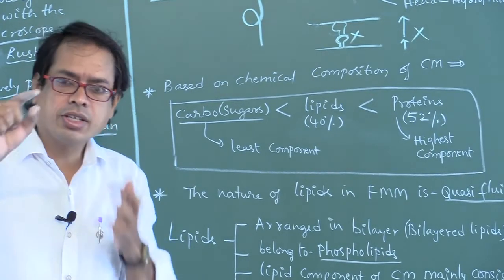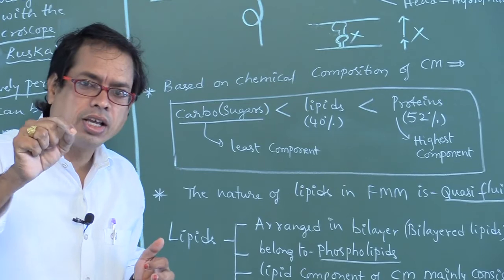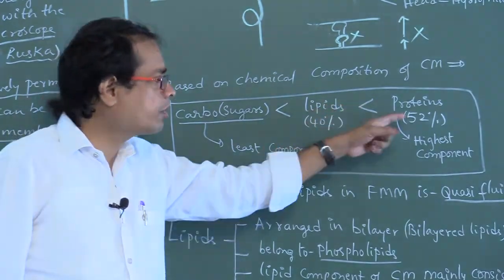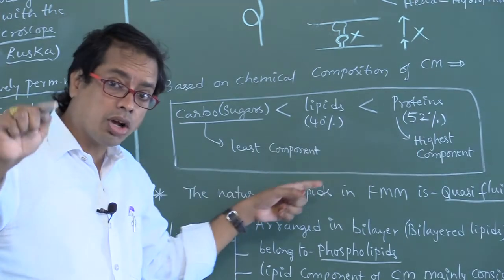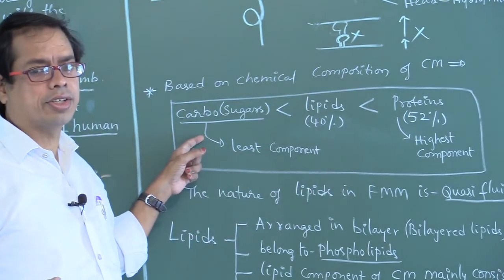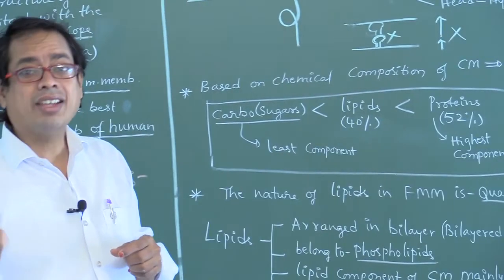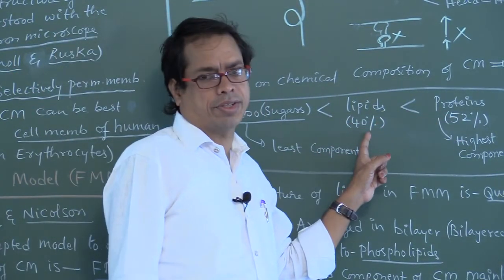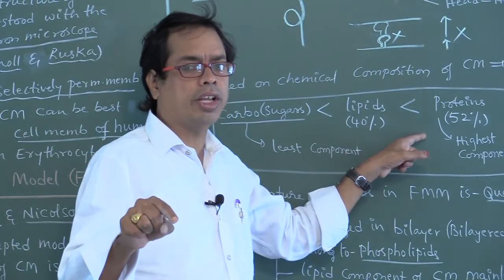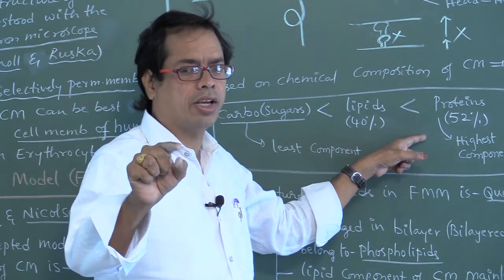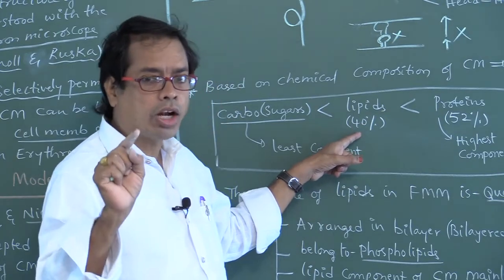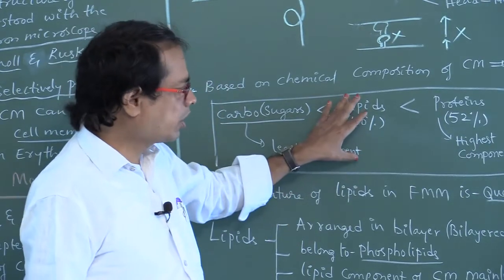The two highest components are proteins and then lipids. First highest, proteins, 52%. Second highest, lipids, 40%. That one you have to remember.